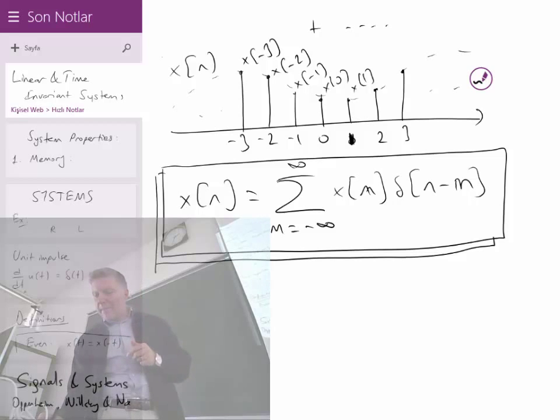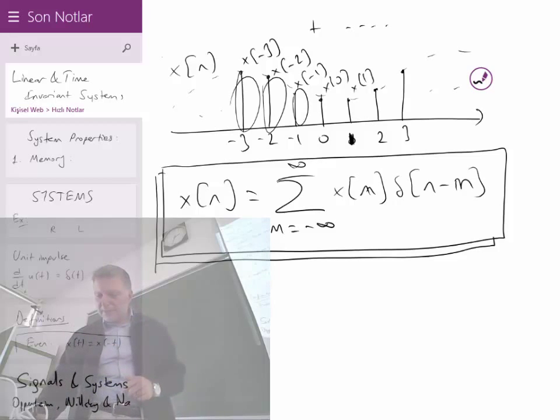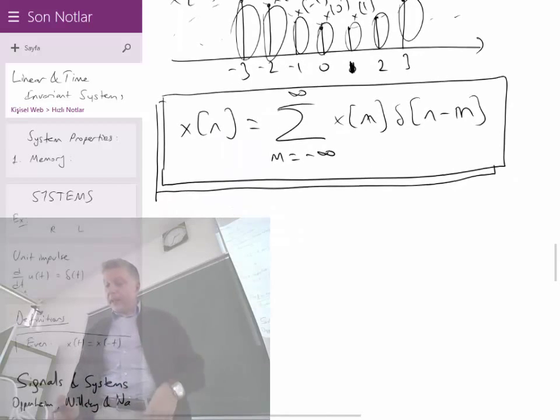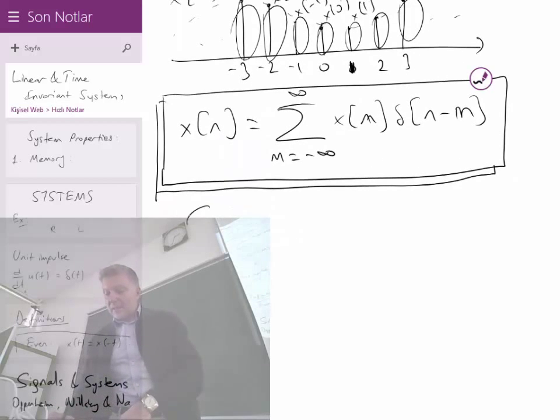Scaled by x of m and shifted by m. It's a linear combination of all these individual impulses, for example. I sum them up indefinitely from minus infinity to infinity. This is an important formula, and it is known as convolution sum.